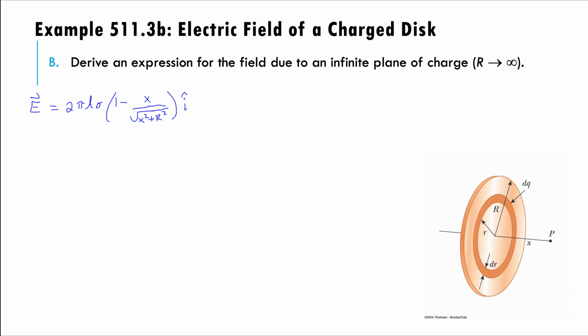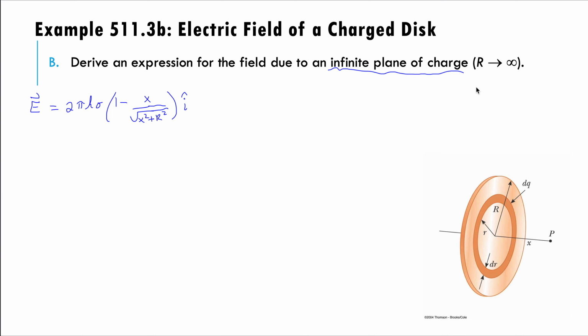So we found the electric field due to this charged disk. In part B here, we want to say, well, what happens if this disk is actually an infinite plane of charge? So that means that this disk is really, really big. R is approaching infinity. If you're thinking, well, what's the point? When do you ever have an infinite plane of charge?